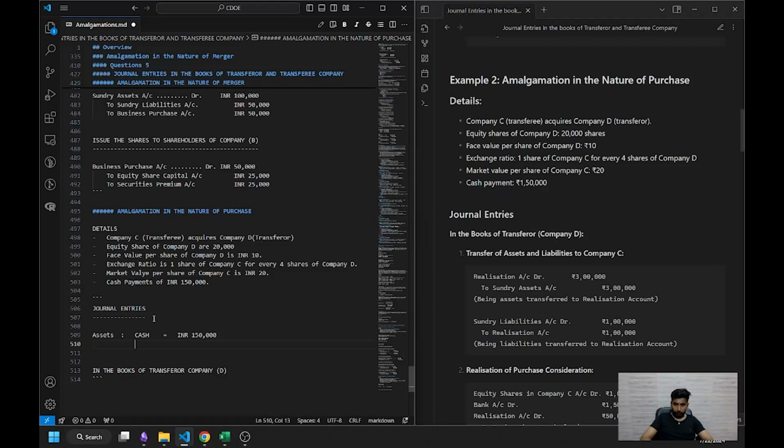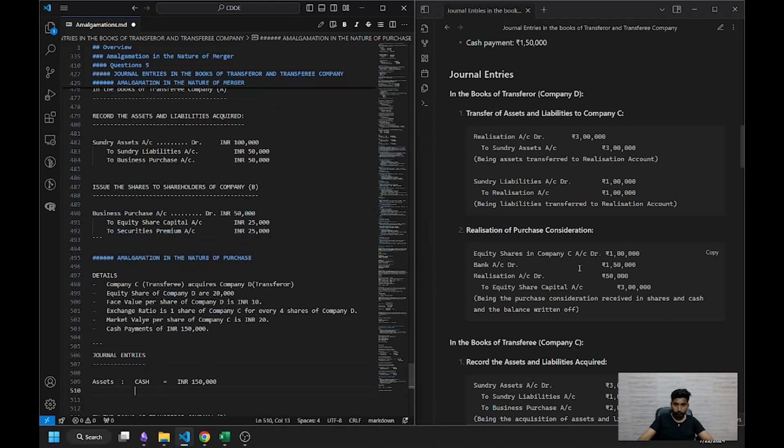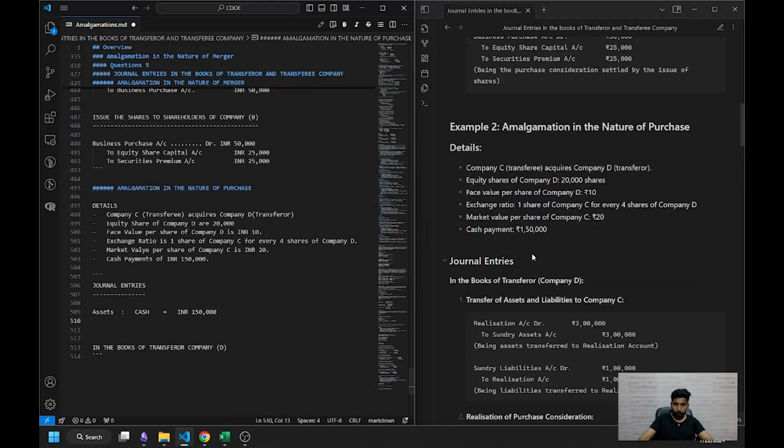And other than that, we also have the company has the shares costing rupees 2 lakhs.